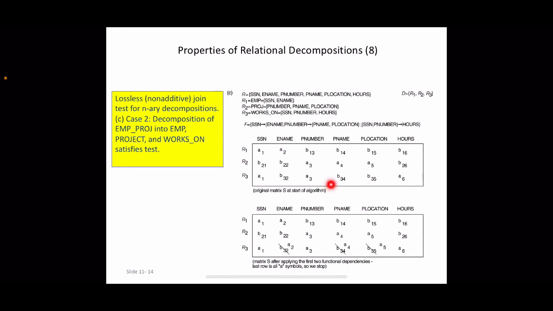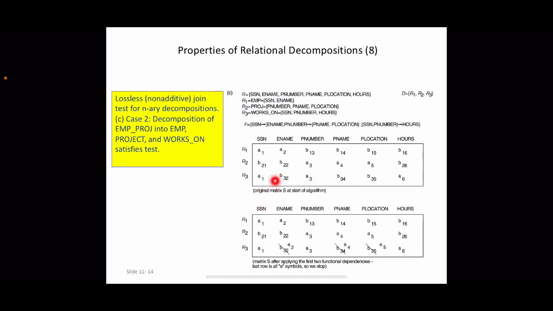Now we have to apply step 4 of our algorithm. We have to take the dependency SSN determines ename. Take that dependency. Now we have to check whether any rows in this matrix have the same value for this X part. X part is SSN here. We have R1 and R3 having the same value for this X part, right? Both having A1.